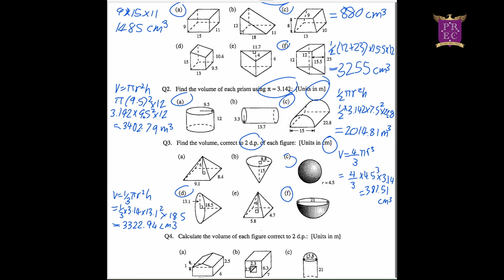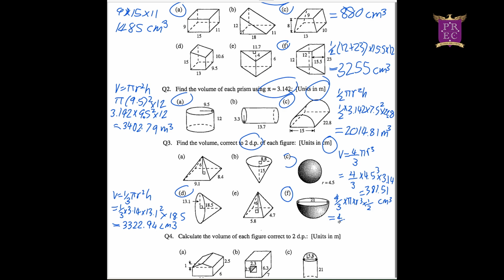Alright, let's do the last one, 3f. 4/3 times pi times radius cubed, but we have to divide it by 2 because it's half a sphere. Pi r cubed times a half, which is the same as 2/3. What's the radius here? It's 21 divided by 2, which is 10.5.